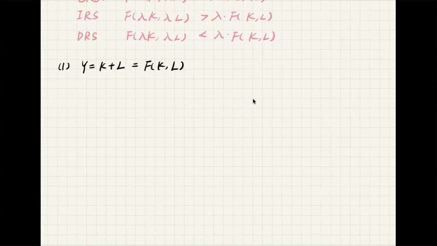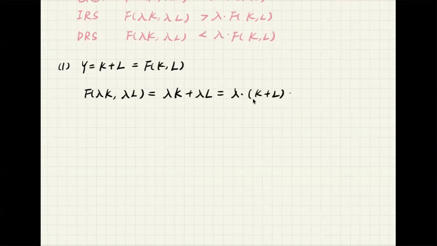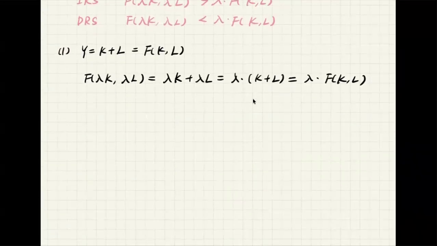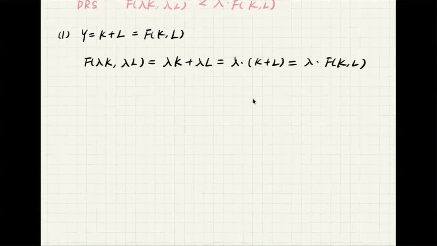So let's just use lambda K and lambda L, where F(lambda K, lambda L) equals, just substituting lambda K for K and lambda L for L, lambda times (K plus L), which equals lambda times F(K, L). Okay, so this is constant return to scale if the production function form is the linear combination of K and L.